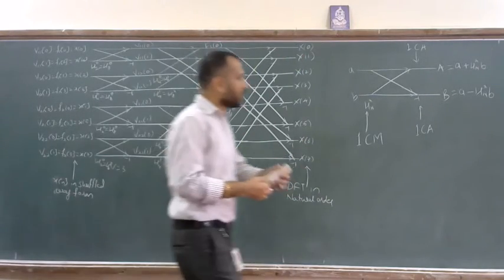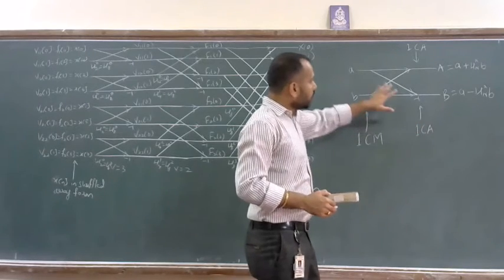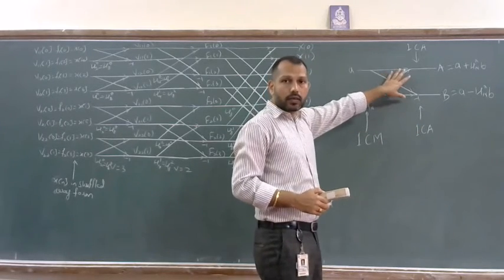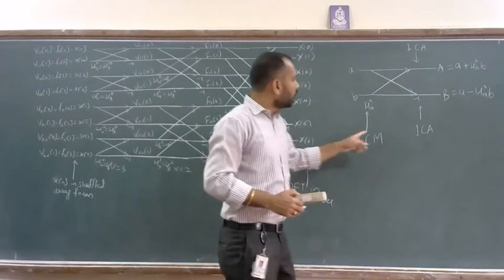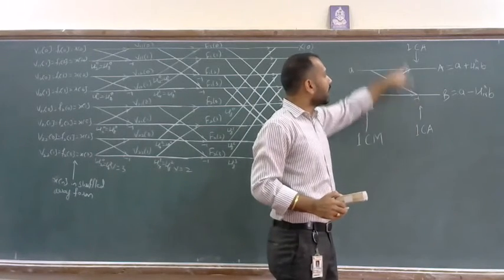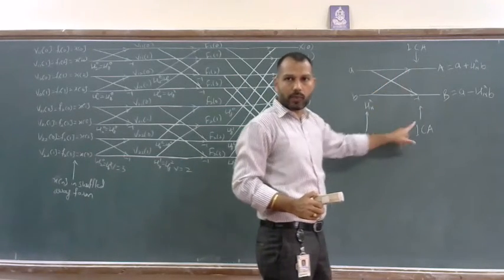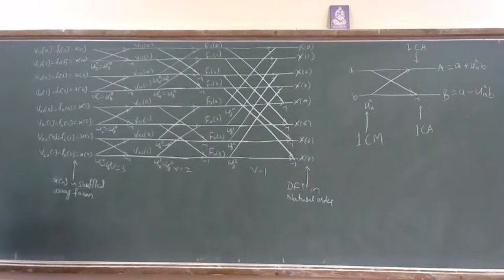So subtraction will be treated as complex addition itself. So if you observe this, performing the operation on one butterfly requires one complex multiplication and two complex additions. So how many total complex multiplications and additions are required?